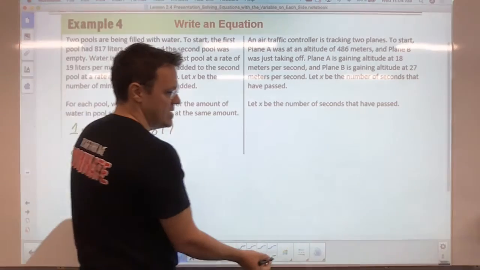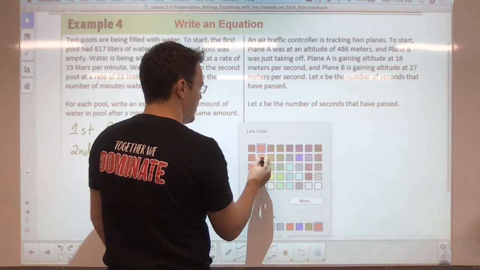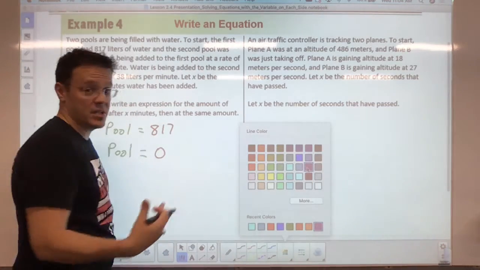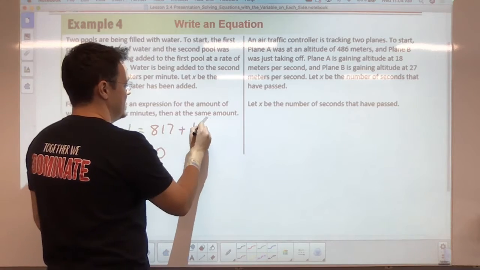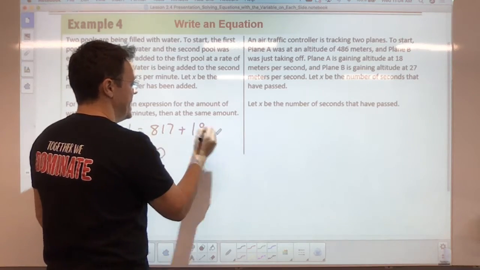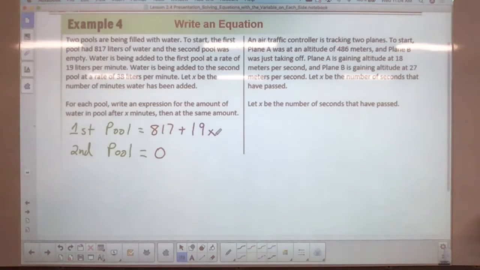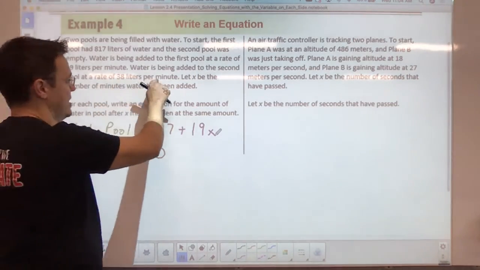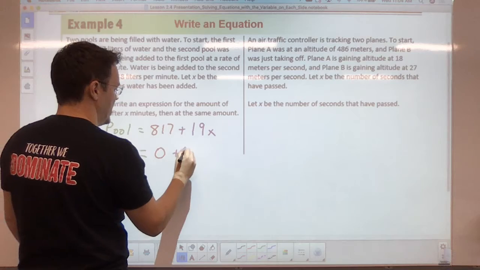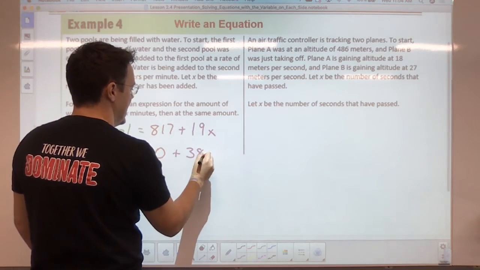When you have something per minute, we've talked about this before, right? It's going to be added at 19 liters per what? Minute. There's your variable. Water is being added to the second pool at a rate of 38 liters per minute. So this is going to be plus 38x.